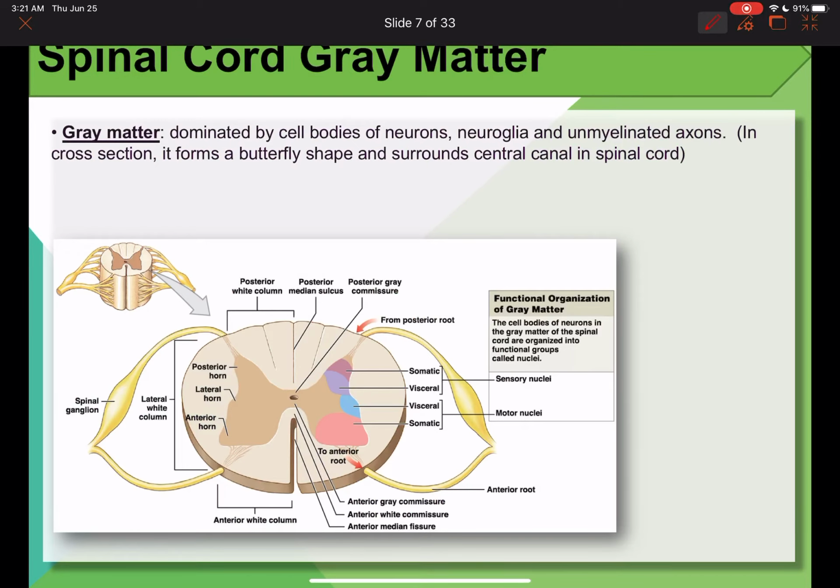All right, so the gray matter of the spinal cord forms this butterfly-shaped region right here in the center, when we view the spinal cord in its transverse plane. If we make a transverse cut through the spinal cord, that's what we will see. And again, it's gray because this particular area of the spinal cord is dominated by cell bodies of neurons, unmyelinated axons, and neuroglia cells as well.